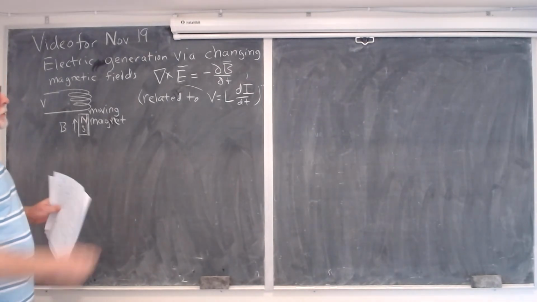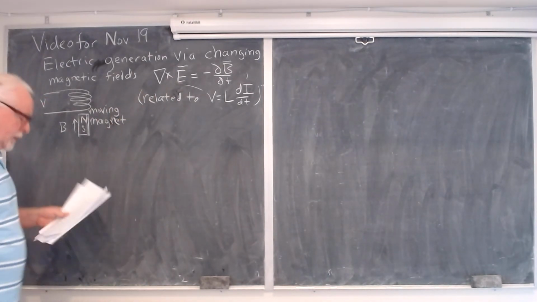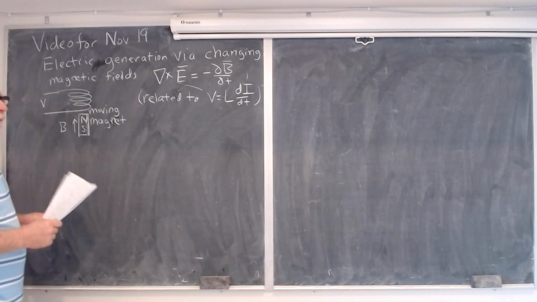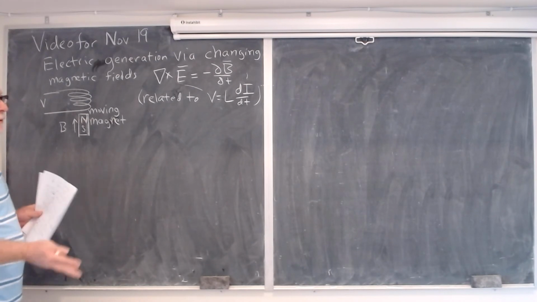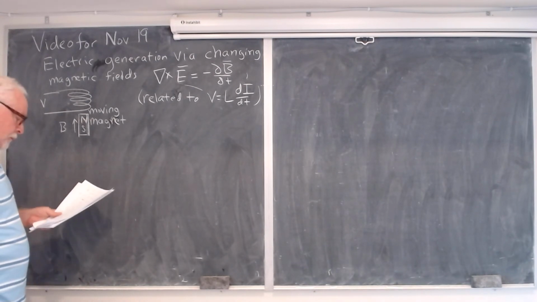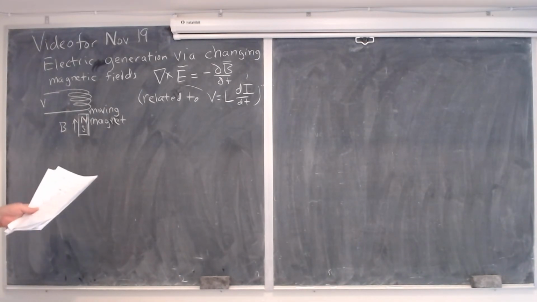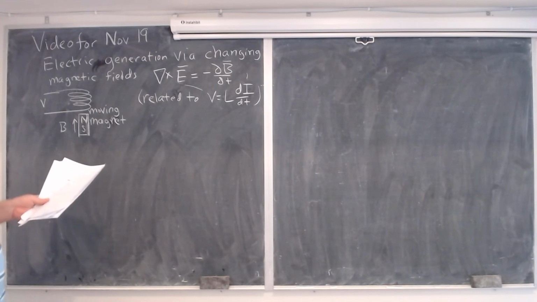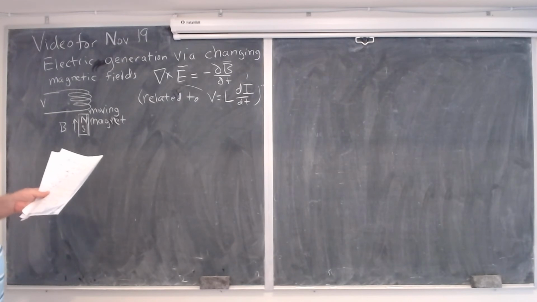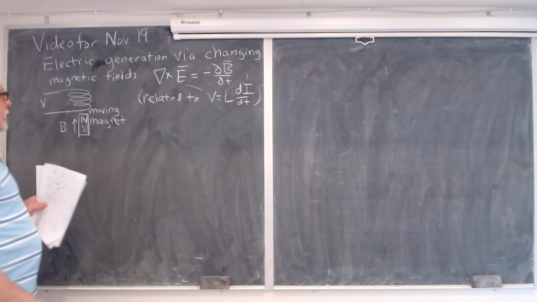There's support for this equation already from the fact that we have observed that there is something called an inductor. In the notes I go through the entire mathematics. We're not going to do that today. It's not really necessary, but I want to point out a few things about this equation.